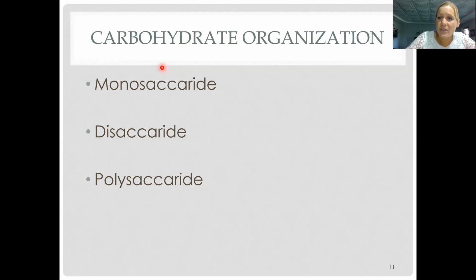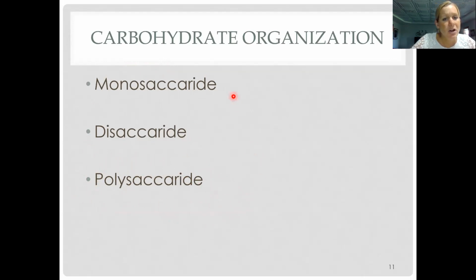In order for us to understand what's going on with carbohydrate breakdown, we need to understand how carbohydrates are organized to start with, okay? So a polysaccharide is several sugar molecules that are going to be linked together. Polysaccharides can be known as starches or glycogens, and they're made of 11 or more simple sugars that are linked together, okay?